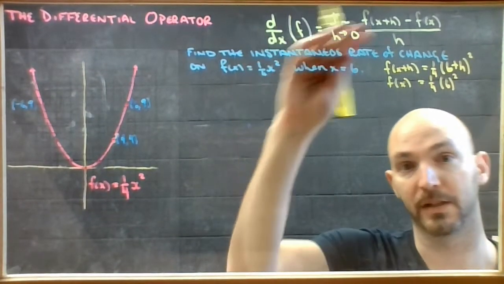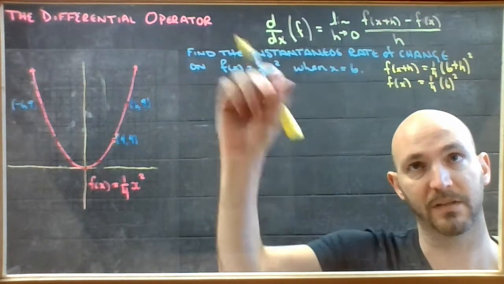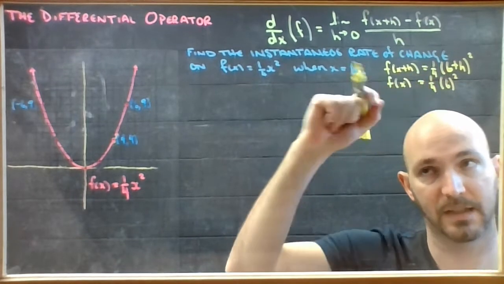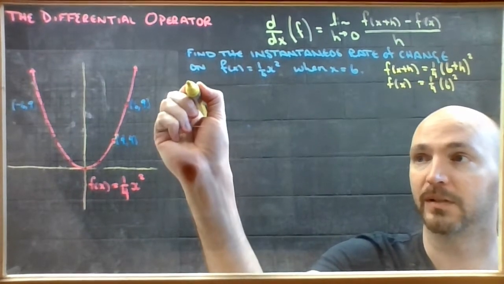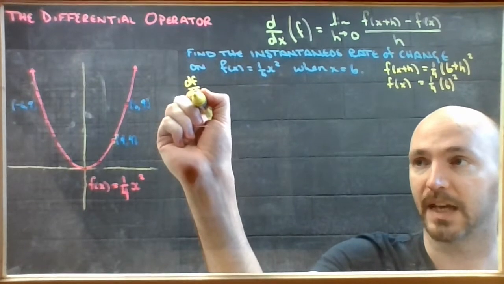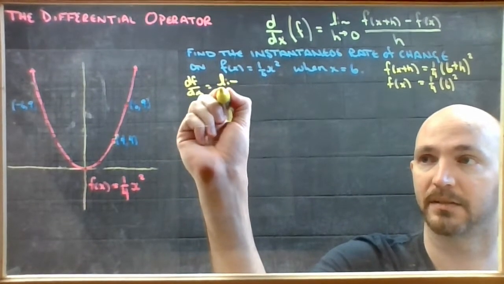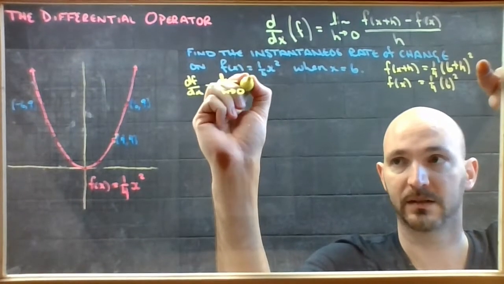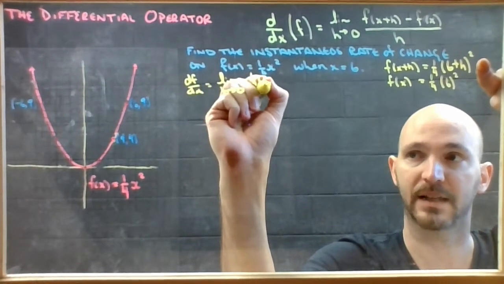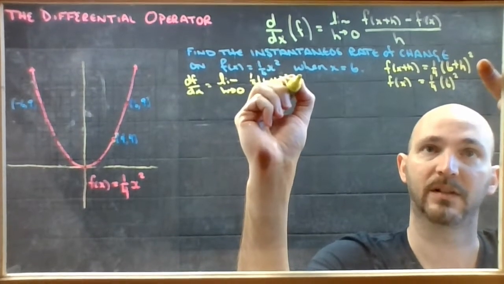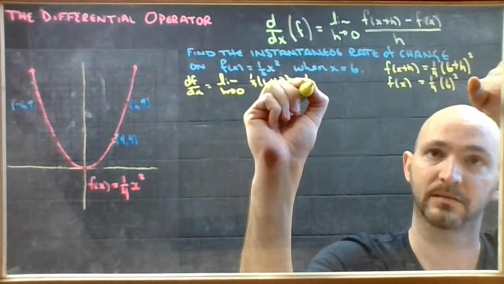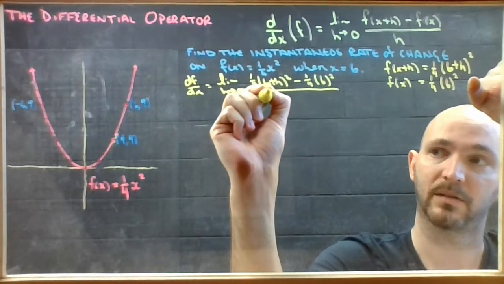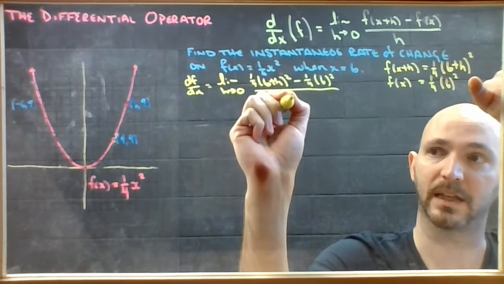Okay, so I'm going to use this structure here, and I know what f of x plus h is, and I know what f of x at 6 is. So in we go. df by dx is the limit as h goes to 0 of this thing, 1/4 of (6 plus h) squared minus this thing, 1/4 of 6 squared, over h.